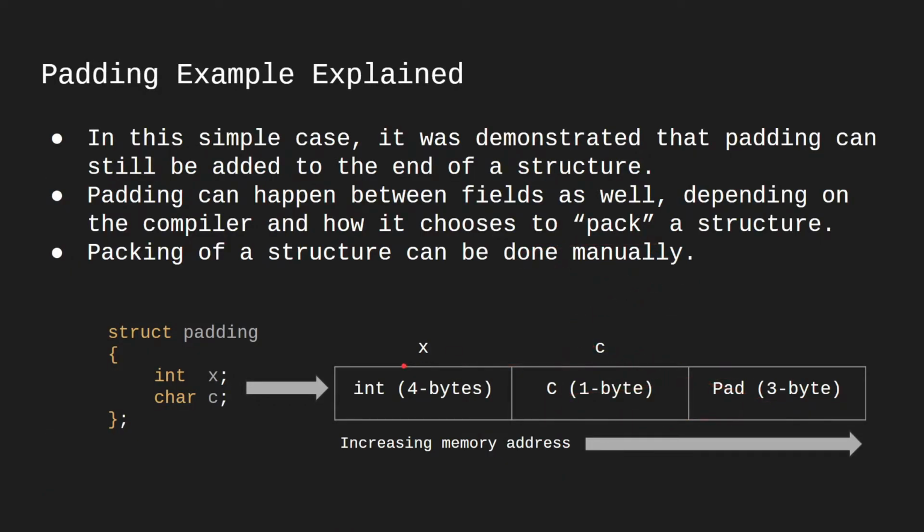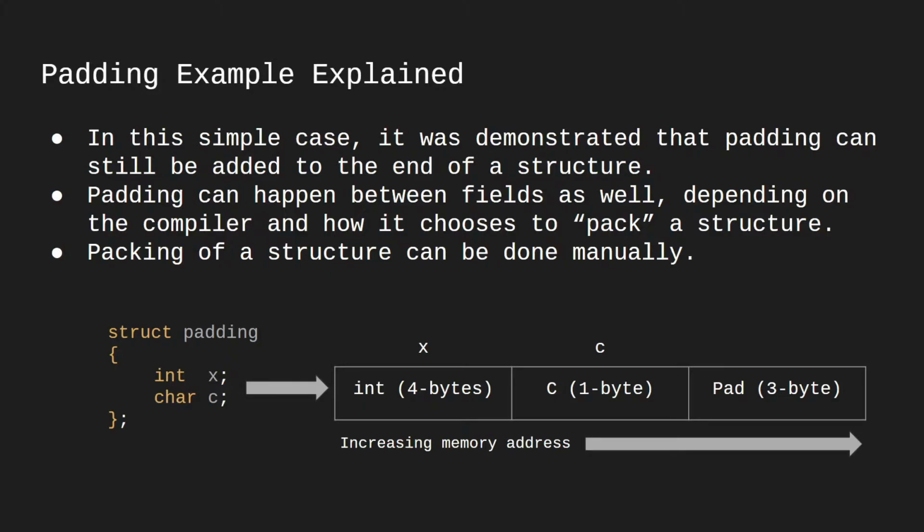Just to hammer home the point, what's happening in this simple scenario is that we have a structure named padding. The first 4 bytes are the X variable, the next 1 byte is the C variable, and we actually have 3 empty slots of just padding. Padding can happen between fields as well. This depends on how the compiler chooses to pack a particular structure.